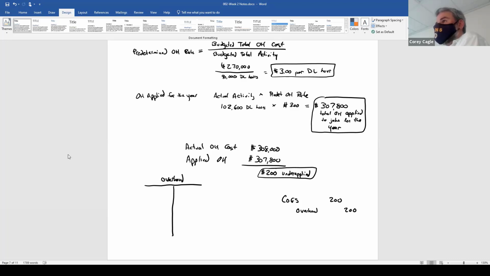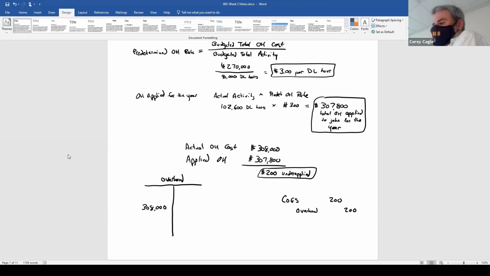As we spend money on insurance, we would debit overhead and credit insurance payable. Whatever our overhead is, we incur overhead with a debit and credit payables or whatever. So in this case, we would have ended up with 308 actually incurred.